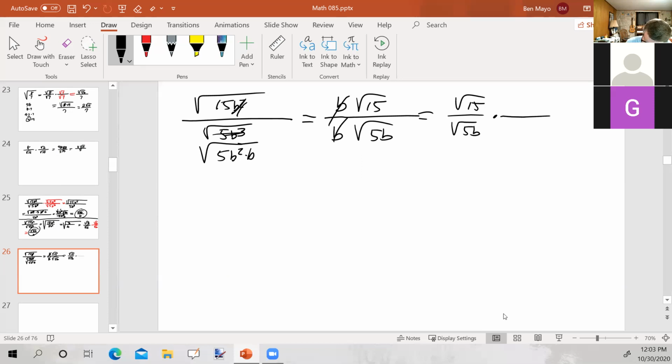So now, rationalizing the denominator, what would you do? Multiply by the square root of 5b. I know that's what you meant.